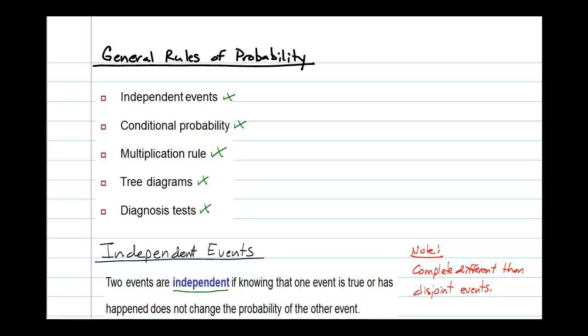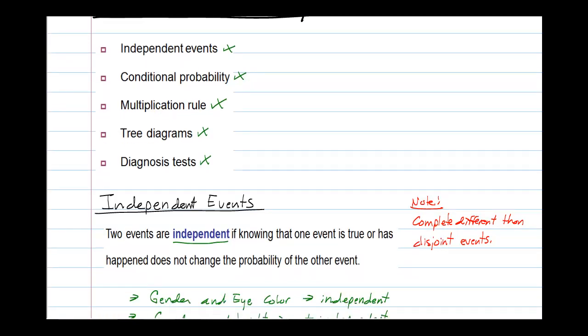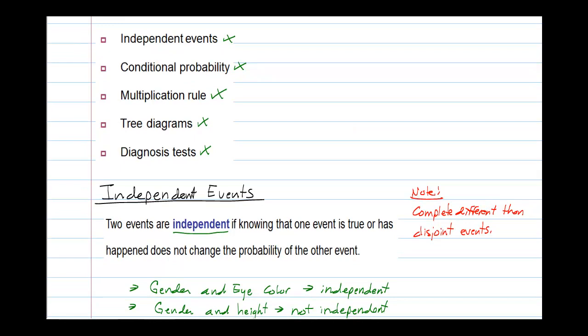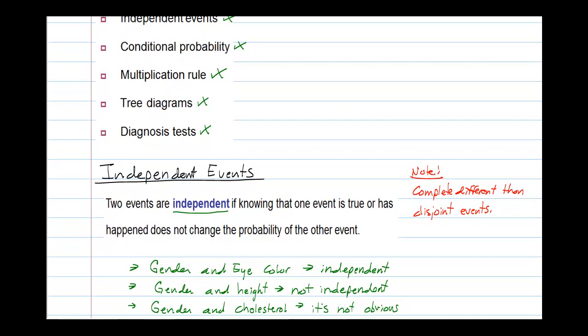Let's go ahead and look at some examples of some potential events here that could or could not be independent. First of all, gender and eye color: we don't see a relationship between a gender and a person's eye color, so they're independent events. An example that's not independent is gender and height. Males tend to be taller, so there does seem to be a relationship between gender and height. We could talk about gender and level of cholesterol, and that one's not so obvious.